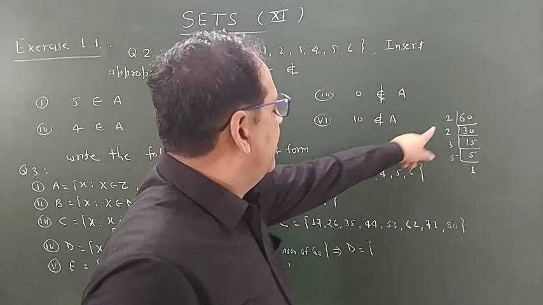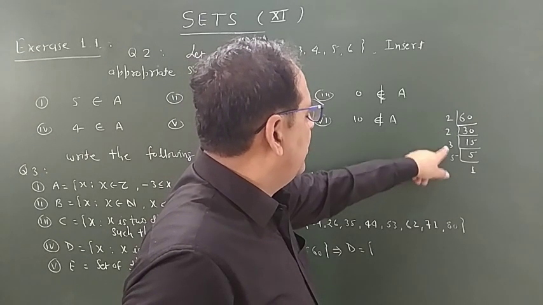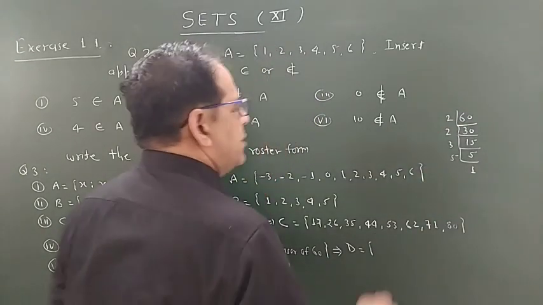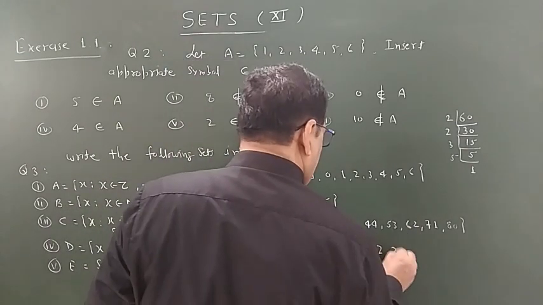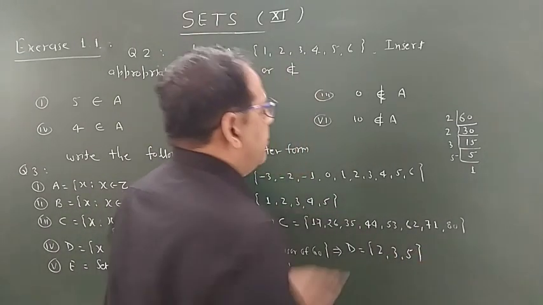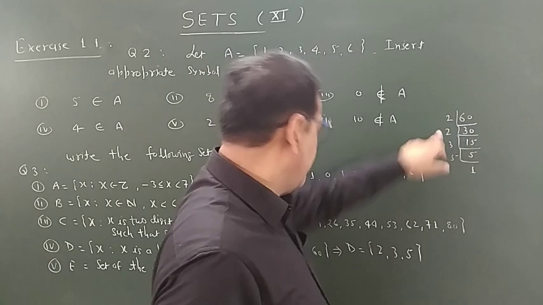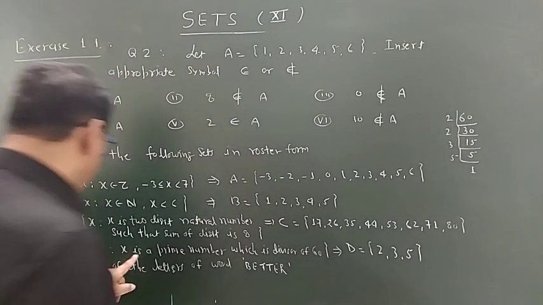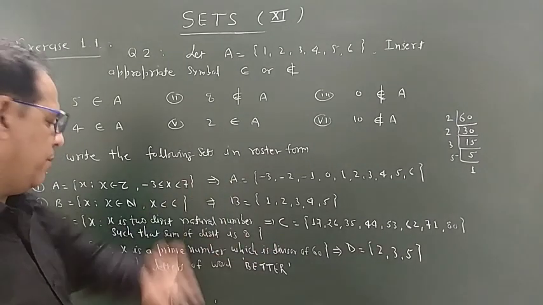So here 2, 2, 3, 5 are the factors of 60 and all the factors are prime. So we take 2, 3, 5, because 2 is coming 2 times, but we take it only 1 time inside the set. So this is the set of prime numbers which are the divisors of 60.